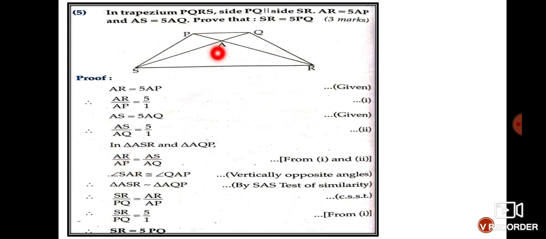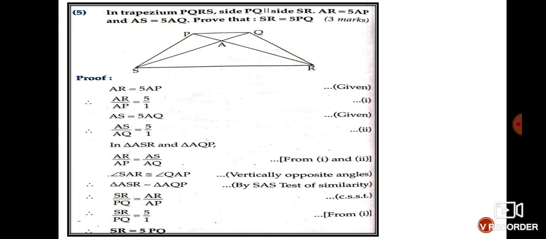And you have angle APQ congruent to angle RAS because they are vertically opposite angles. Therefore, in these two triangles, since these corresponding sides are proportional, SR upon PQ is equal to AR upon AP. So we have SR upon PQ is equal to 5 upon 1.